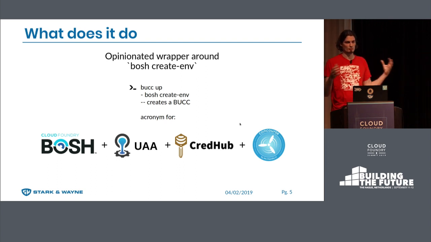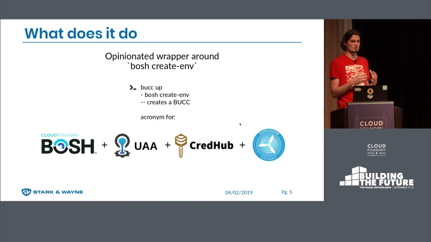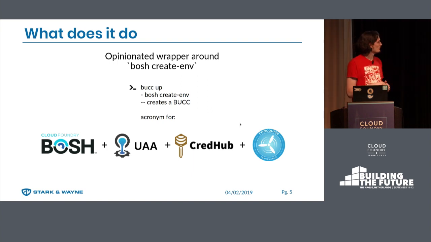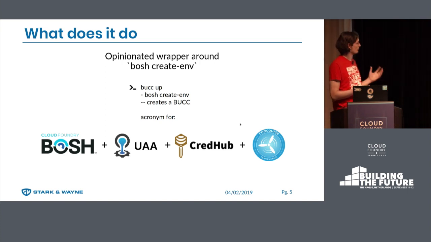These technologies work really well together, and they have a lot of integration points, and we have integrated those in an opinionated way, like the way we think it's best to integrate those. And that's actually a great starting point to start deploying a Cloud Foundry, right? So we get a BUCC, and then we go from there, basically.